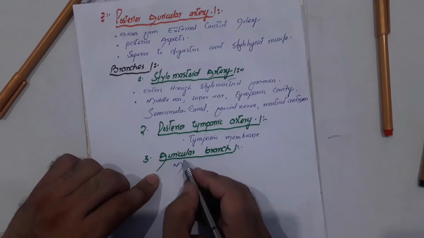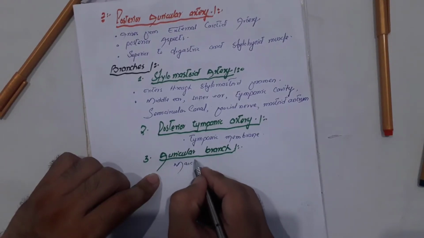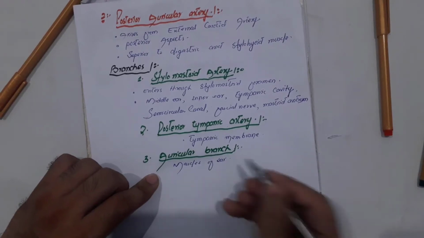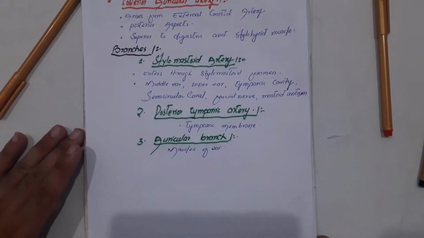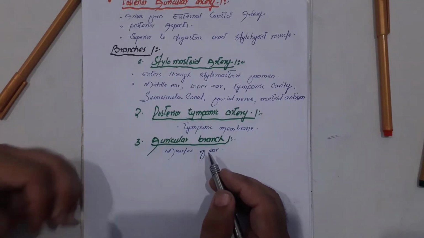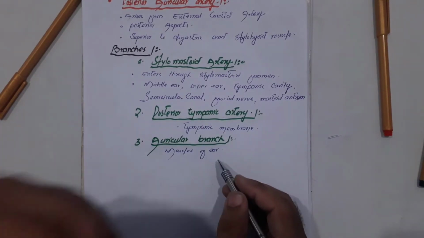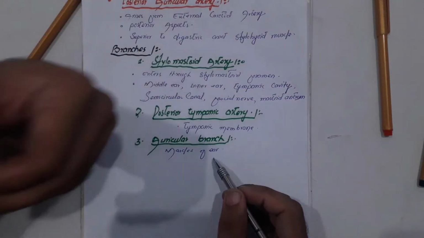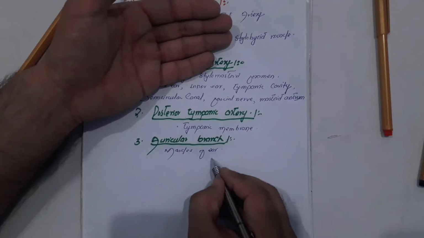There are three important muscles present in the ear: the anterior auricularis muscle, posterior auricularis muscle, and superior auricularis muscle, right?